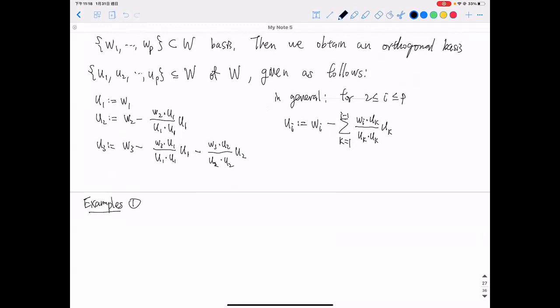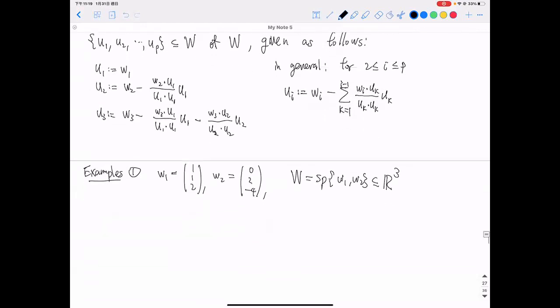So say you have two vectors, W1 is 1, 1, 2, W2 is 0, 2, minus 4, and suppose W is the span of these vectors, W1 and W2, which is a subspace of R3.